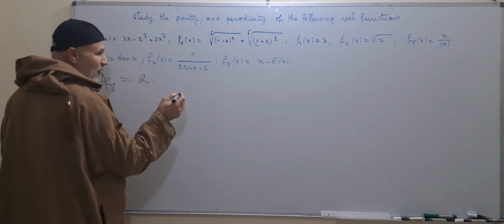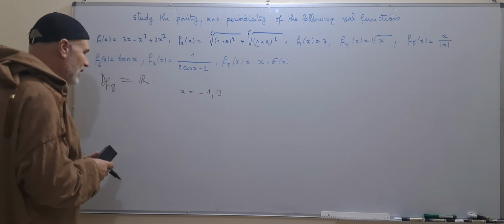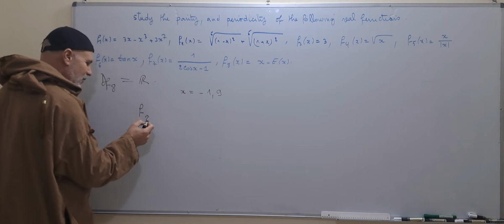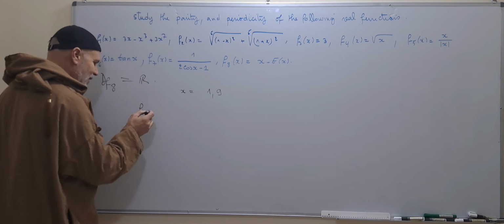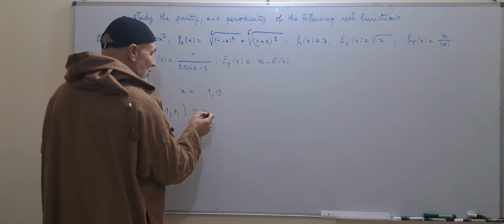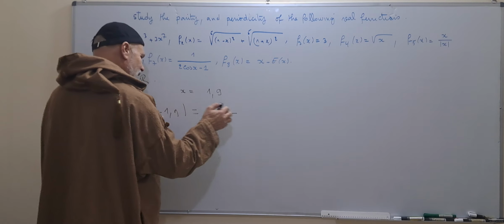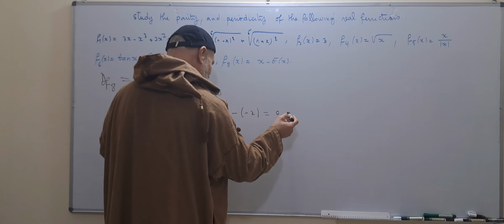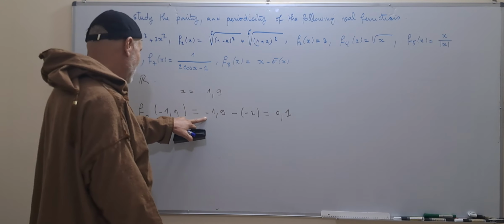We can check. We can take, for example, x equal to 1.9. f8 of minus 1.9 is equal to minus 1.9 minus the integer part of minus 1.9, which is minus 2. This is equal to 0.1.